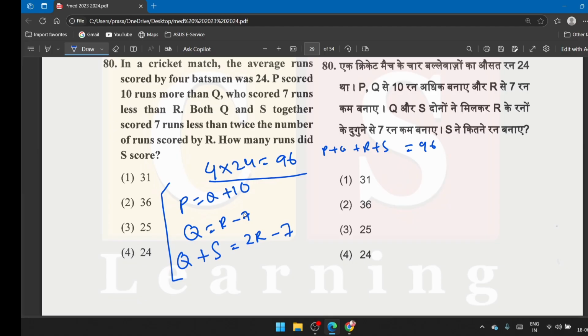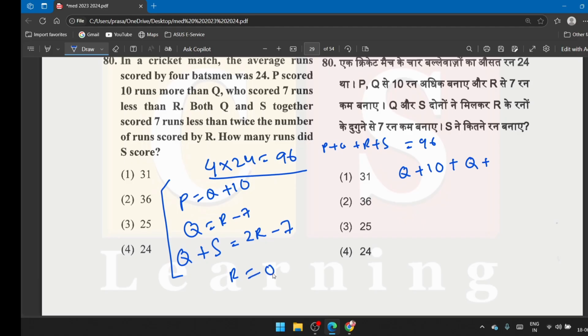So P equal to Q plus 10, and Q is in its position. R, from this, I can write R equal to Q plus 7.